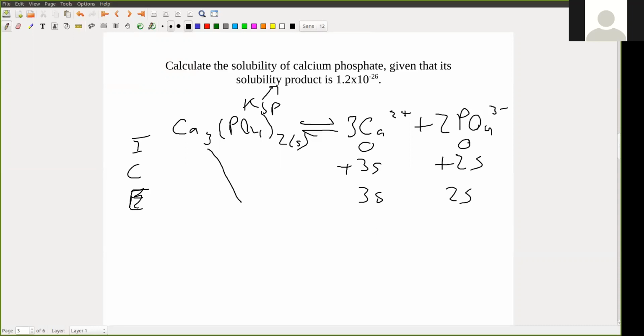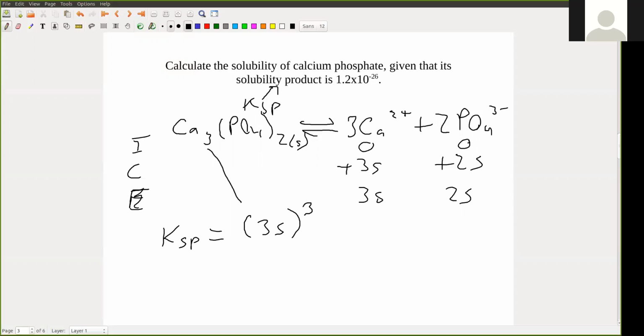Okay. And so when we calculate our KSP, which normally if we set up this KSP equation, again, it's products over reactants. So we're going to take 3s for our calcium. And remember, we have to raise it to the power of the coefficient.